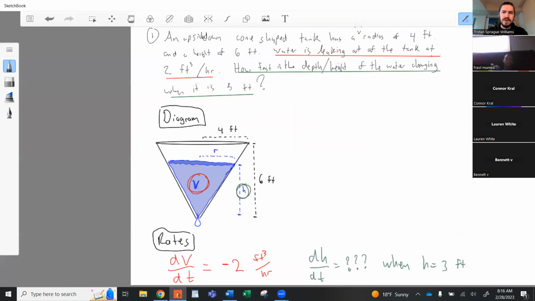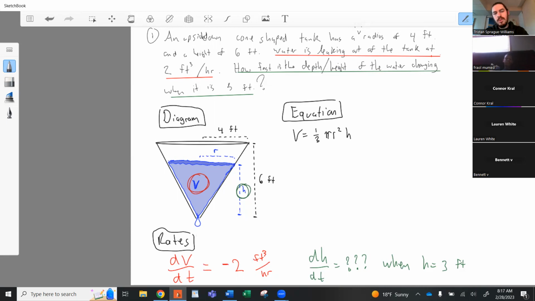So I'm going to put that over here for the equation step. I'm going to write volume is equal to 1/3 pi r squared h. Okay. So that's a beginning equation to work with. It relates volume to both the radius and the height.